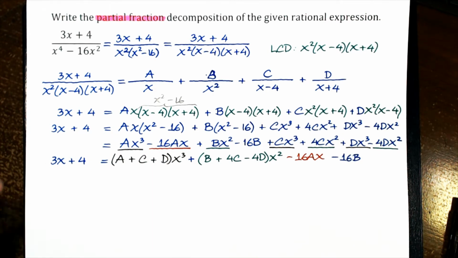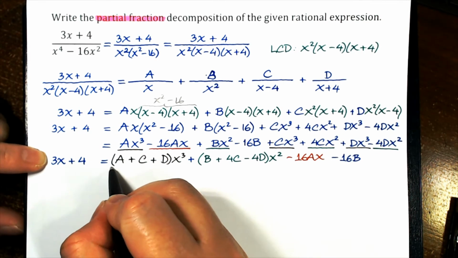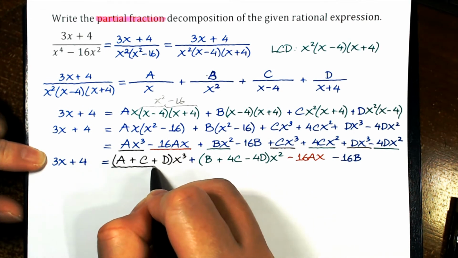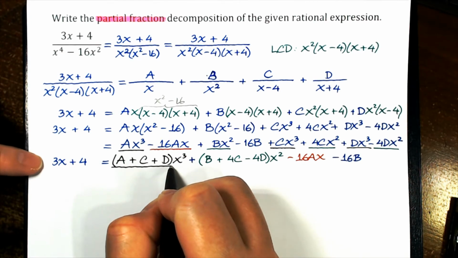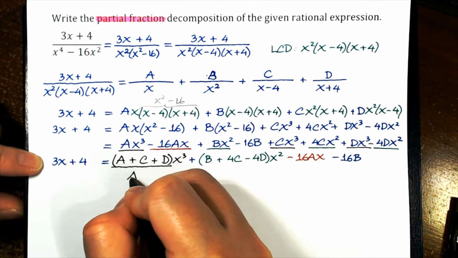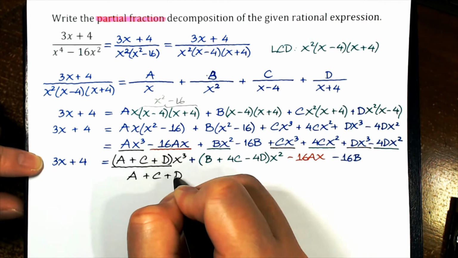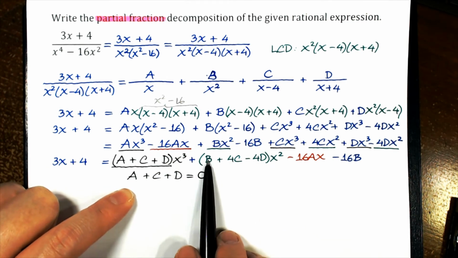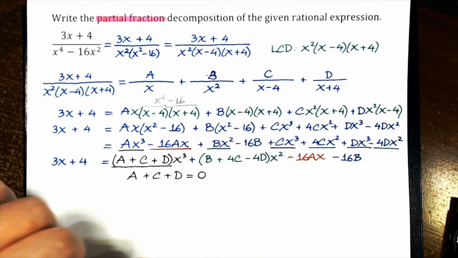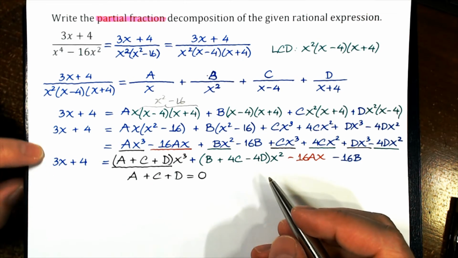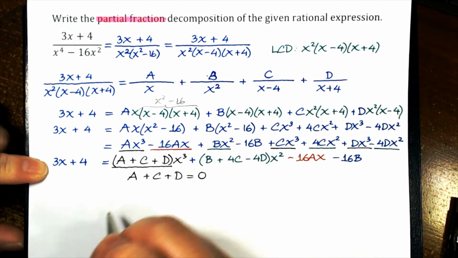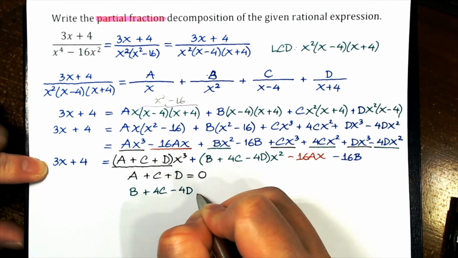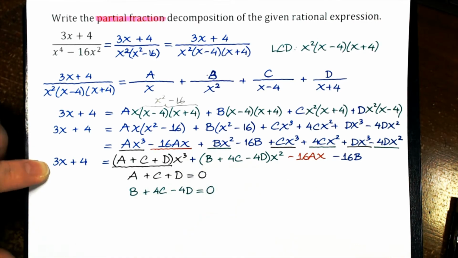Now we just match. There's no x cubed on the left hand side, but there's an x cubed on the right hand side, so this coefficient must be the same as the coefficient on the left side. So we have a plus c plus d equal to 0. Next, b plus 4c minus 4d is the coefficient for x squared, and we have no x squared term on the left hand side, so that coefficient has to be equal to 0 also.